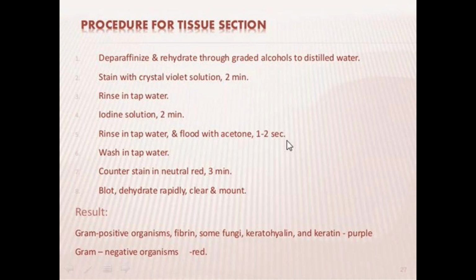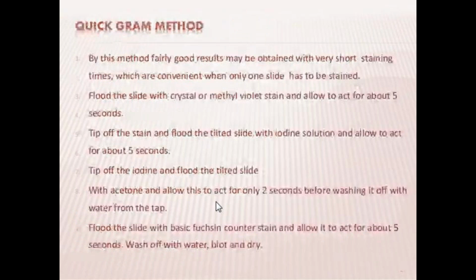Okay, here is the same technique. First crystal violet, then rinse with tap water, then iodine solution, then the decolorizing agent, then counter stain with neutral red. And that causes the visualization of gram positive and gram negative. And this is a normal basic easy technique, the quick gram staining technique.